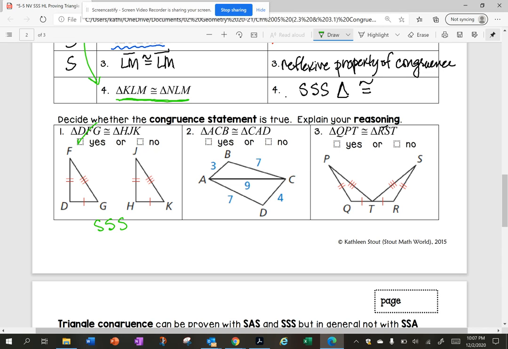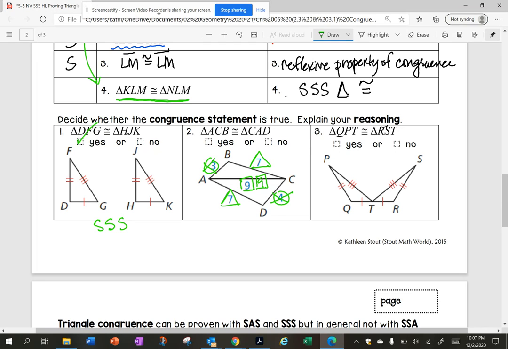And number 2, triangle ACB is congruent to triangle CAD. So 1 pair of sides is 7. Another pair of sides would be 9. That's a shared side. But 3 and 4 are not the same.